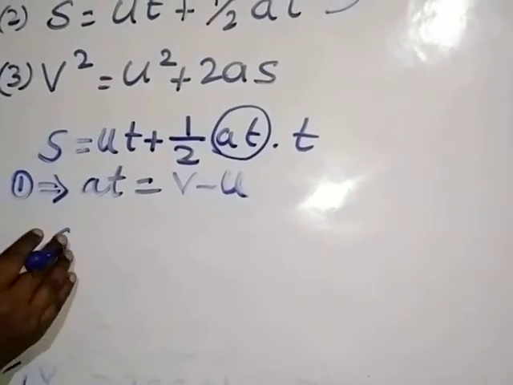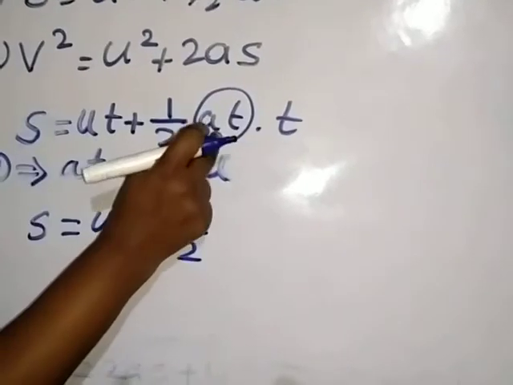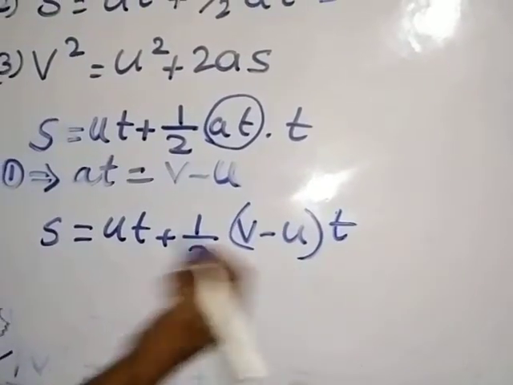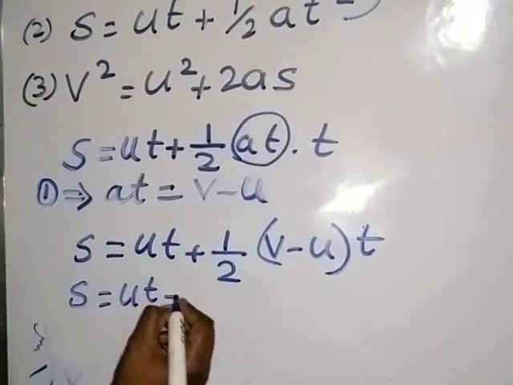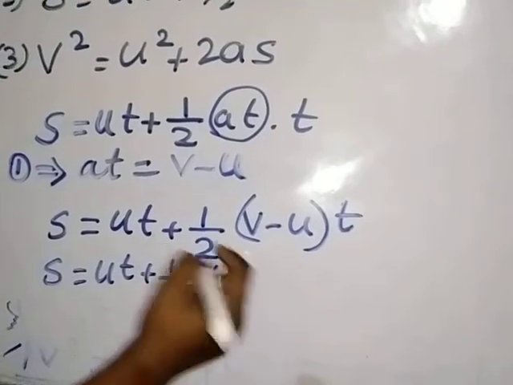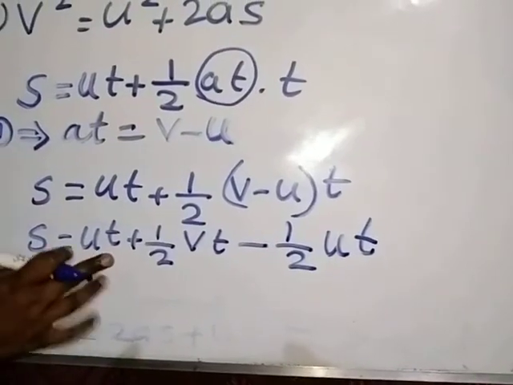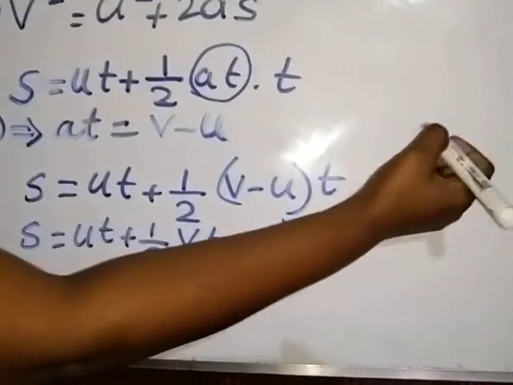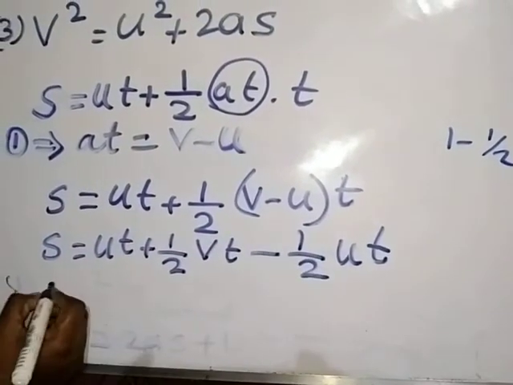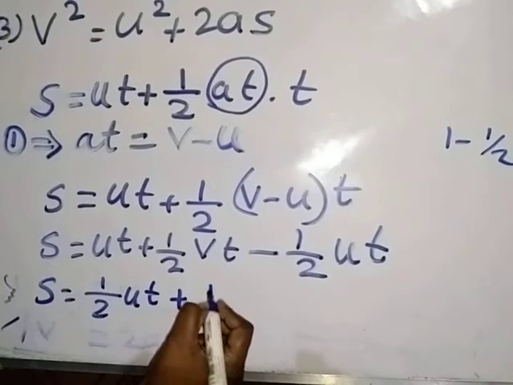So s equals ut plus half, instead of at, write v minus u into t. So s equals ut plus half vt minus half ut. Here ut, here half ut, so 1 minus half is half. So ut minus half ut is equal to half ut plus half vt.